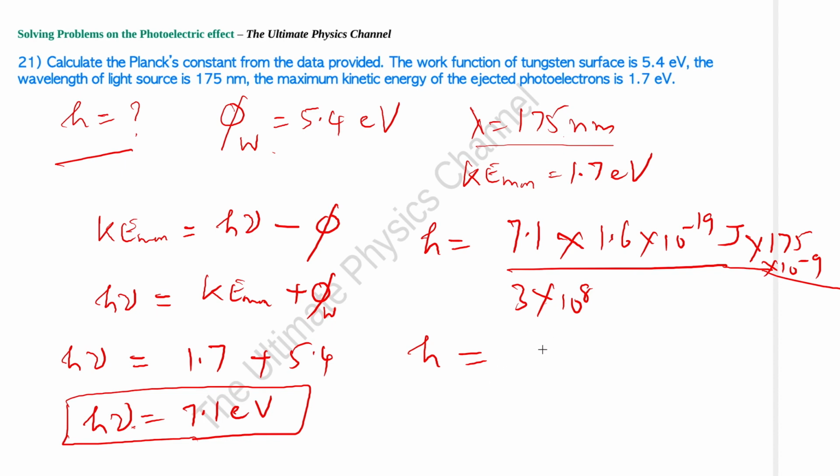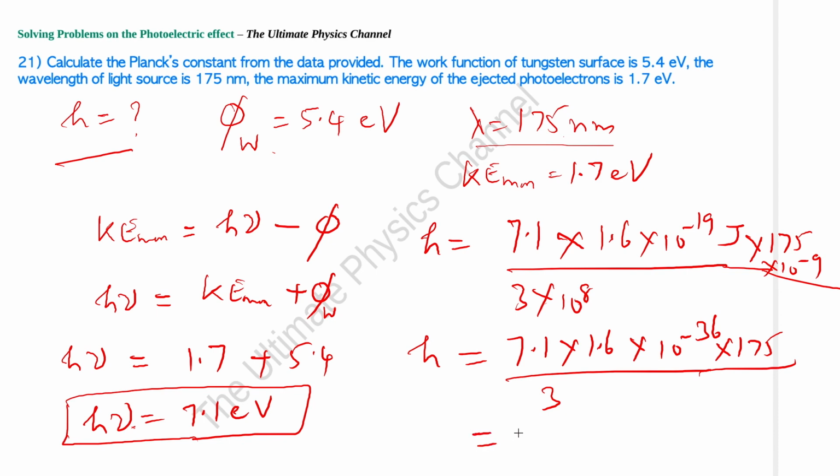since it's Planck's constant, I'm just doing more steps here. 10 power minus 8 goes to the numerator as 10 power plus 8, and the denominator goes to numerator as 10 power minus 9. There is a minus 19, there is a plus 9, that is 10 power minus 36. So we have 7.1 times 1.6 times 10 power minus 36 on the numerator, and the denominator, that is 3 times 175, is still there.